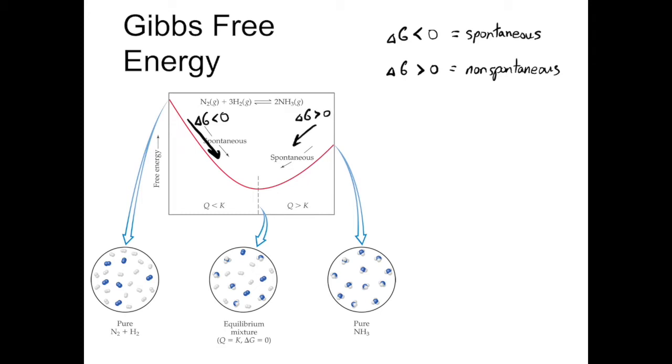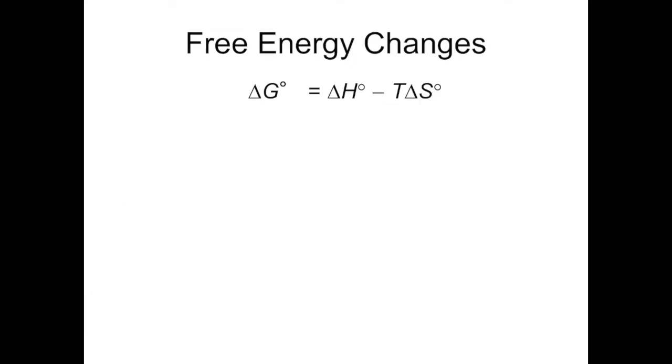And our third possibility is that delta G is equal to 0. A delta G that's equal to 0 implies that the system is at equilibrium. You're making products and reactants at equal rates. So earlier we learned an expression for delta G, the free energy. We saw that delta G was equal to a change in enthalpy minus temperature times a change in entropy term.